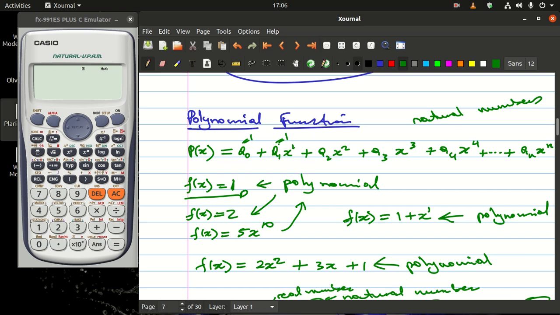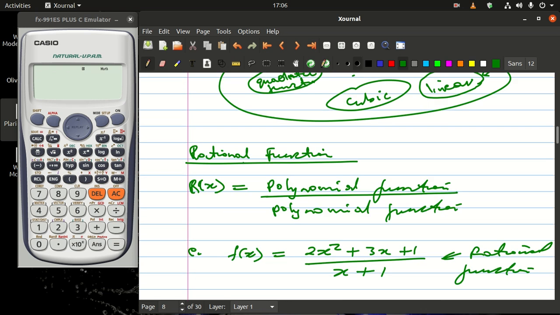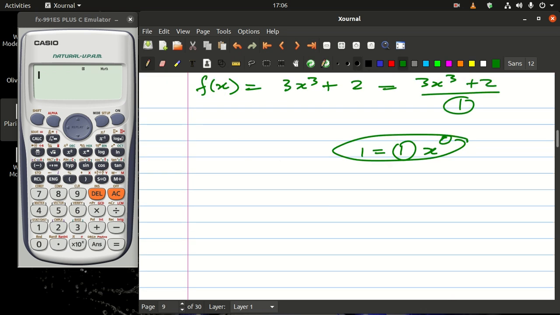The natural numbers I was referring to were 1, 2, 3, 4, 5, and so forth. But 0 is also part of this, hence I'm including it here. So this is a polynomial, and this is also a polynomial. So this is a rational function.